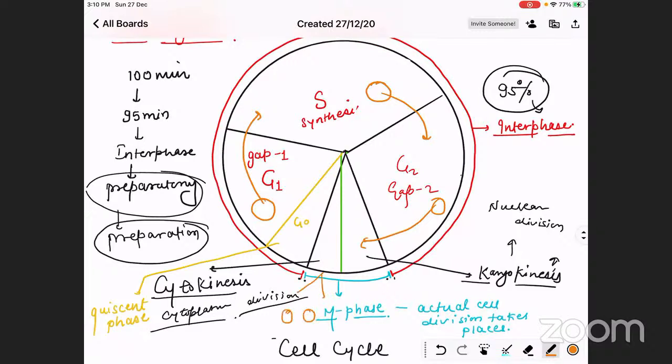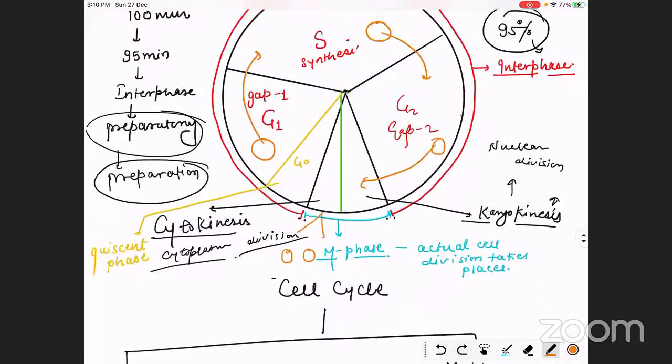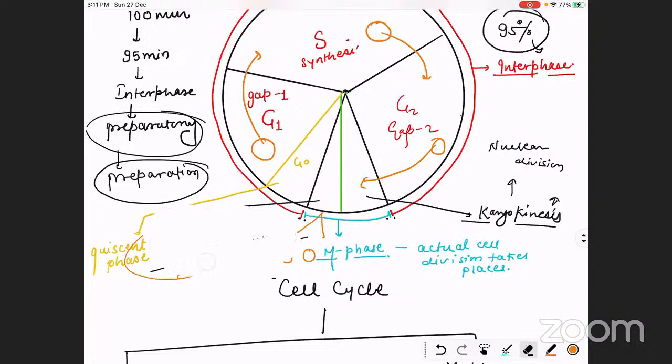Now this cell has two probabilities. One, it will mature or differentiate into a new cell, or it will again enter into the G1 phase.